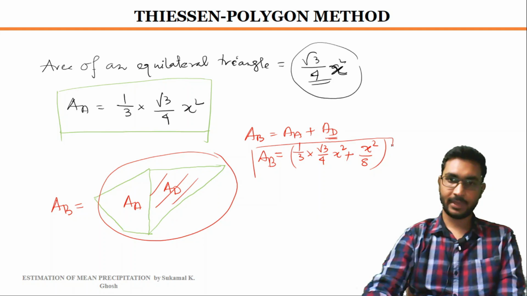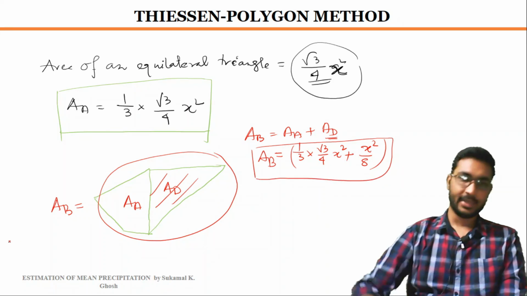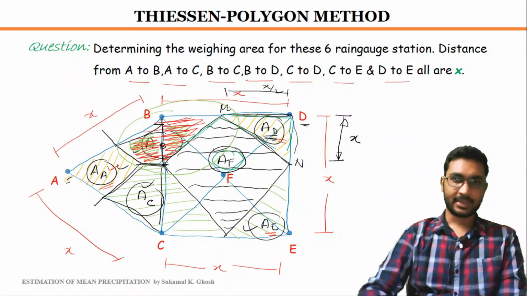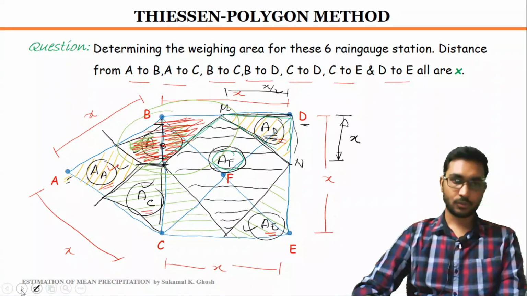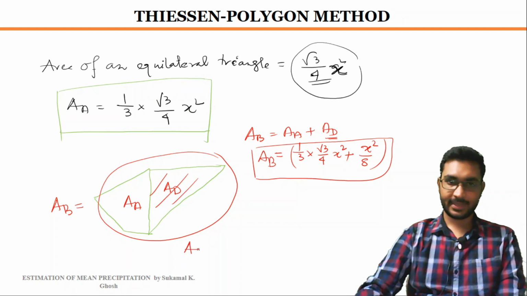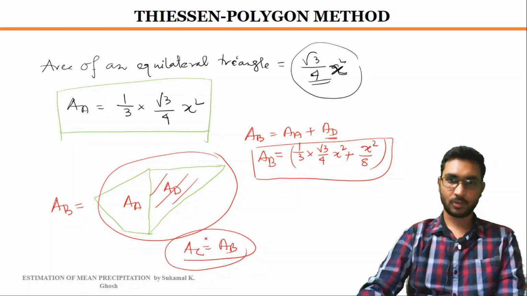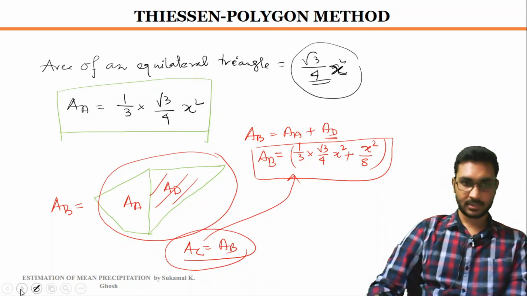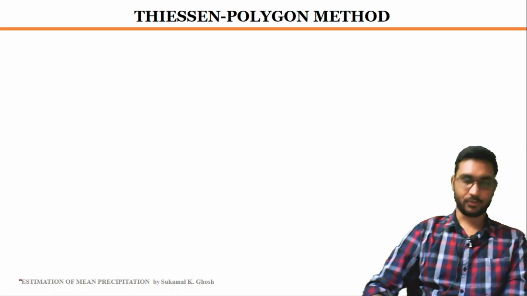From this figure you may also observe that AB and AC are the same, so we can write that AC is equal to AB. So AC is also equal to this.